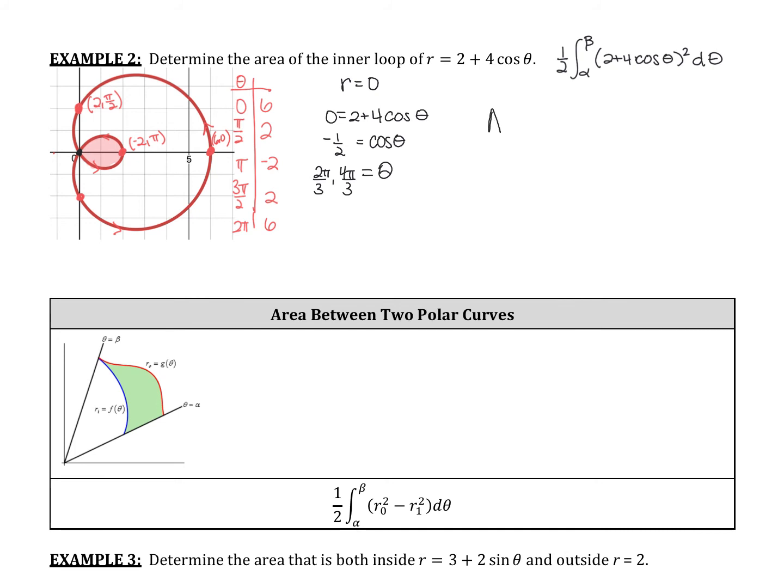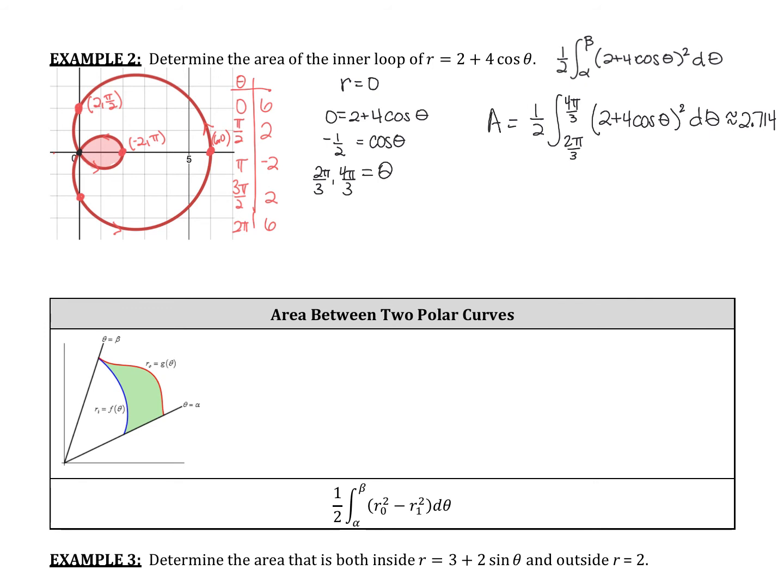So my area here, we're finding area, sorry, is going to be 1/2 the integral from 2 pi over 3 to 4 pi over 3 of (2 plus 4 cosine theta) squared d theta. With this polar function, this would probably be a calculator question. We would plug it into the calculator, go into math, go down to number 9, and substitute that in, and that's what we'd get.